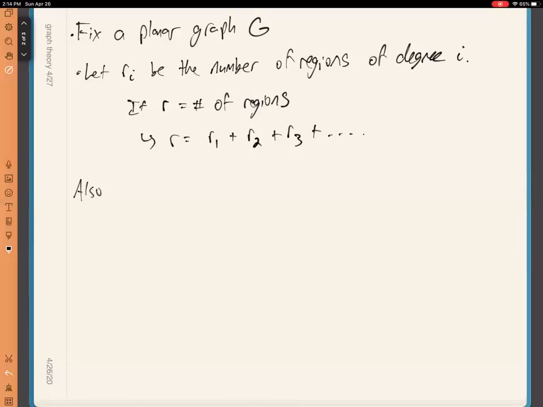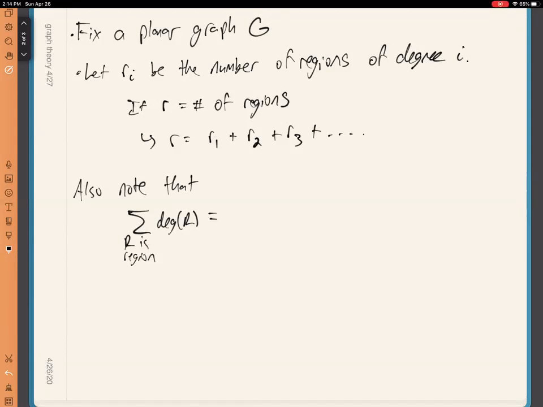And moreover, also note that, let's say I add up all the possible degrees, right? So I sum up the degree of each region R. This is a sum over all possible regions. It's a finite sum in the graph.